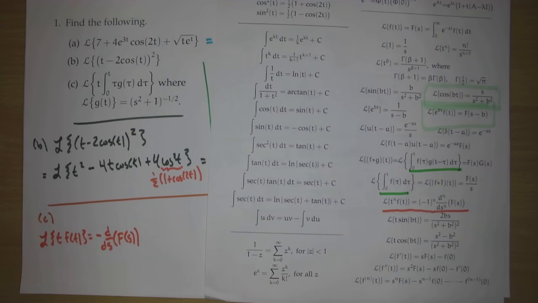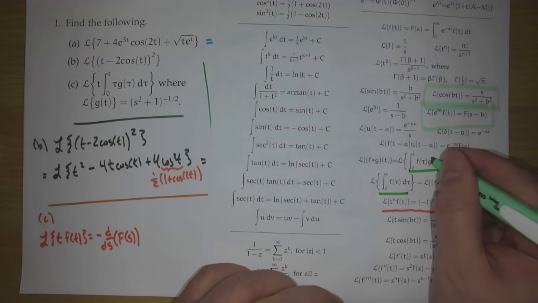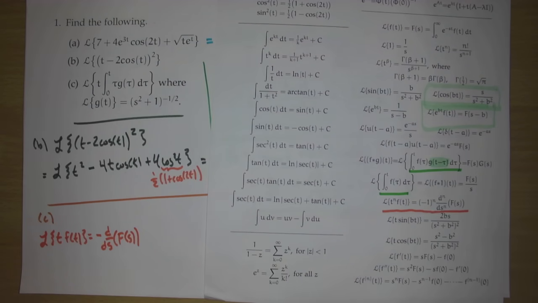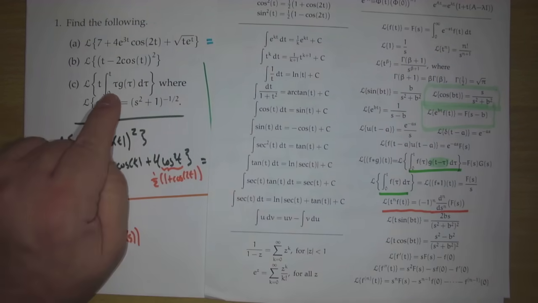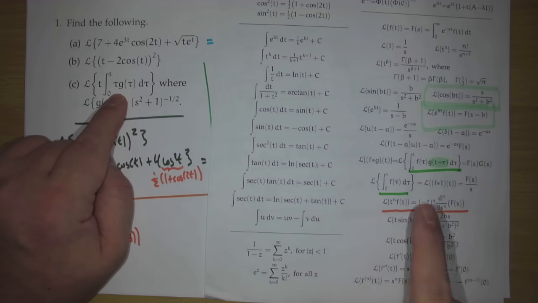Both of them involve an integral, so you want to make sure you know the difference. What's the key difference between these? This part needs a t minus tau. That's our convolution. Do we have a t minus tau here? No. So we're not doing convolution. So make sure you know what you're doing, and also make sure you know what you're not doing.